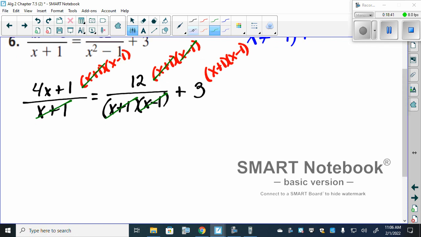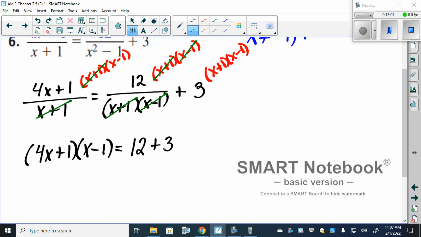And with the 3, nothing simplifies. So what we're left with is in the first one, 4x plus 1 times x minus 1 is equal to 12. Because everything's simplified out of the denominator.